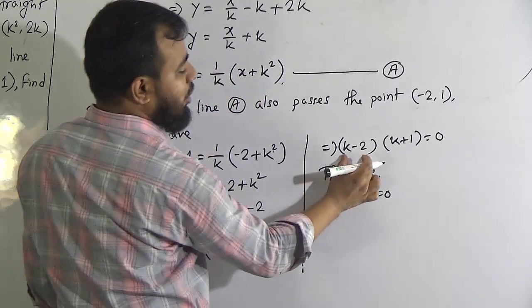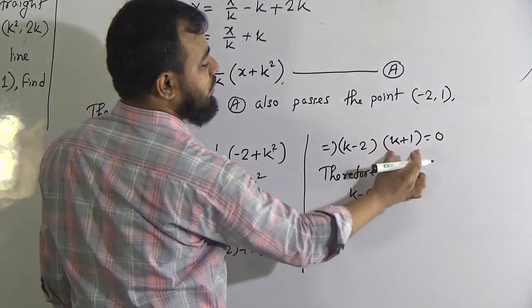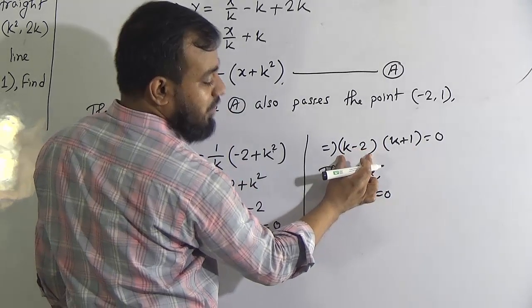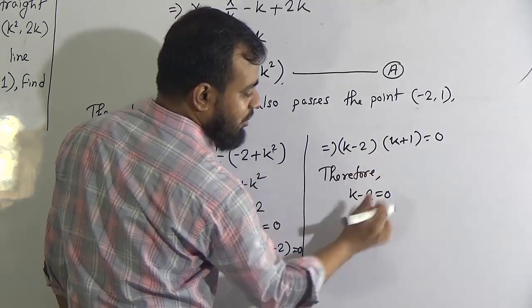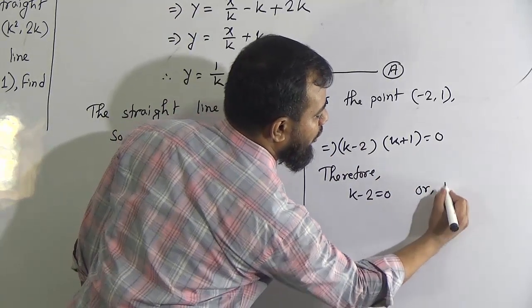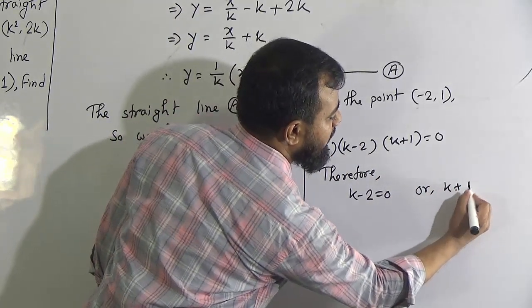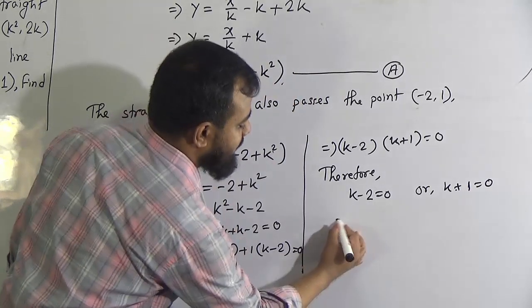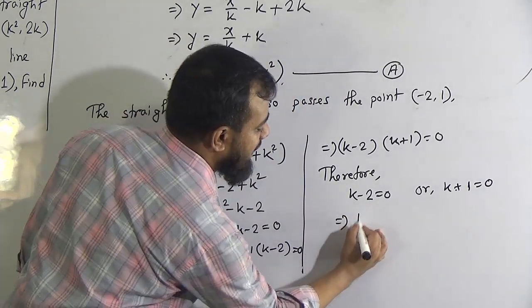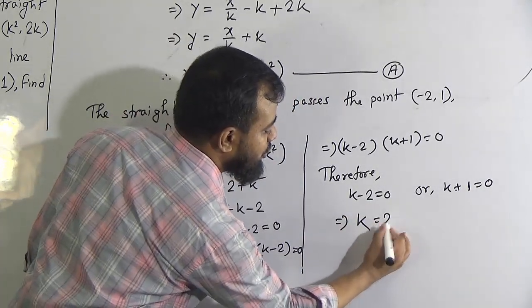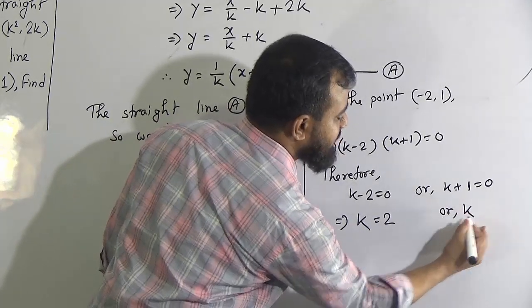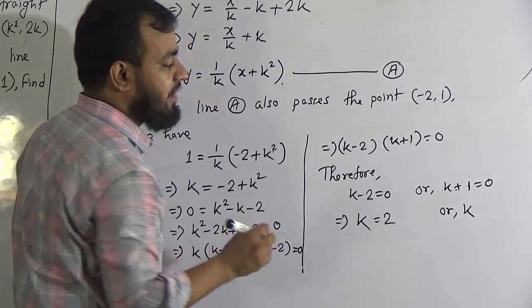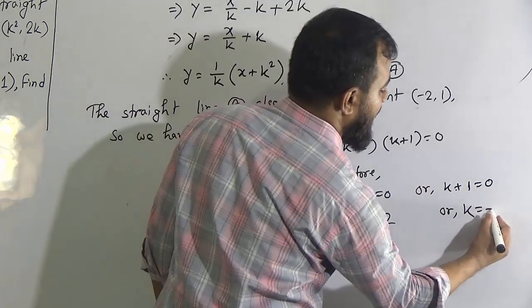The product of these two is 0. That means either this one is equal to 0 or this one is equal to 0. So therefore we can write down k minus 2 equal to 0 or k plus 1 equal to 0. Now transfer these into the right side, we will have the value of k is equal to 2, or if we transfer this plus 1 into the right side, we will have the value of k equal to minus 1.